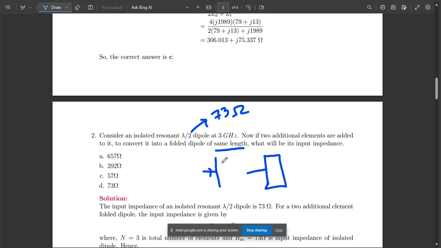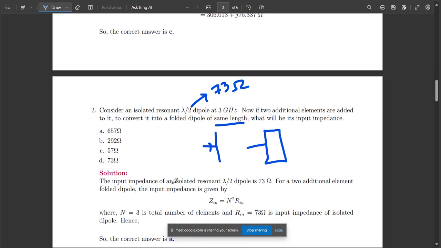If we take the length as L, then this is also L. And what is asked? It's asked what will be its input impedance. We already know that the input impedance of an isolated resonant antenna is 73 ohms, right?